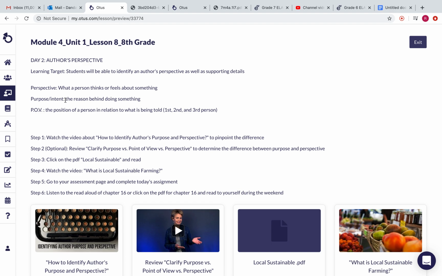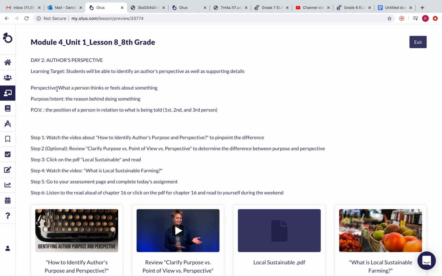All right. Now, when we talk about perspective, we think of what a person thinks or feels about something, how a person feels or thinks about a particular topic, subject, or person, whatever it is he or she is writing about, right? And usually we can get a sense of what the author's perspective of a topic is by paying close attention to specific words and phrases that are used in the text.